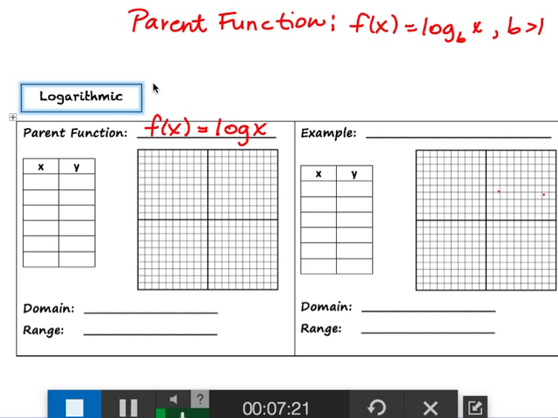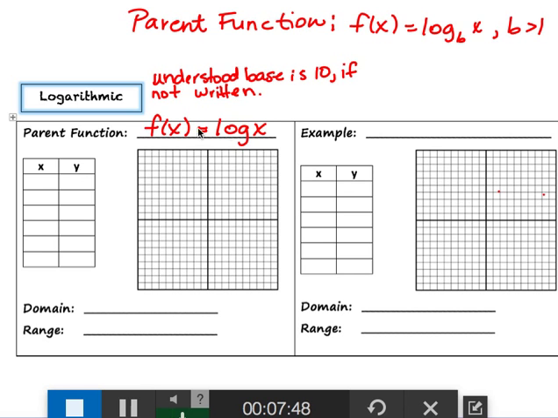So you might want to just jot down that the understood base is 10 if not written. So this is really the parent function, but we're going to put f of x equals log of x in our parent function space here.